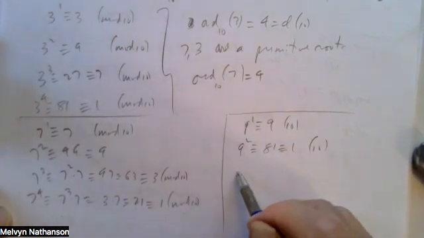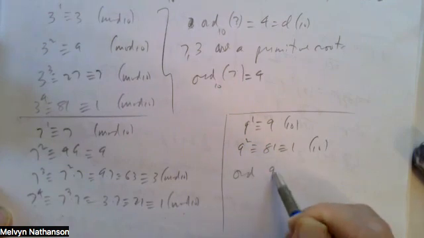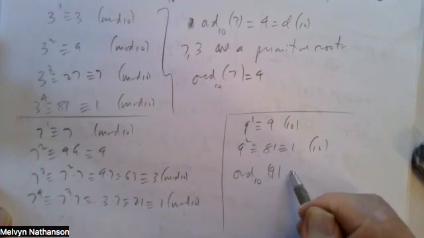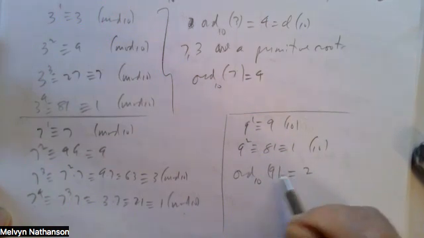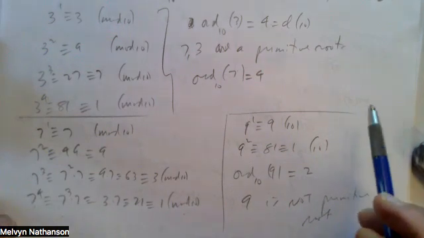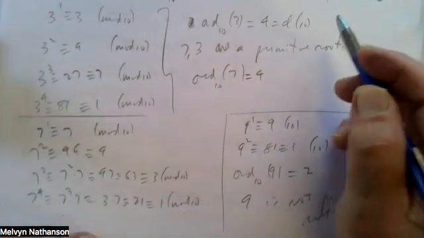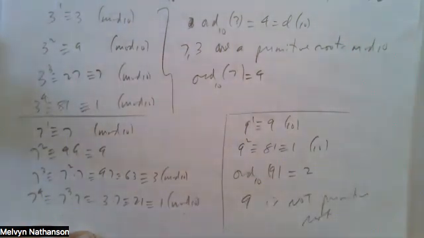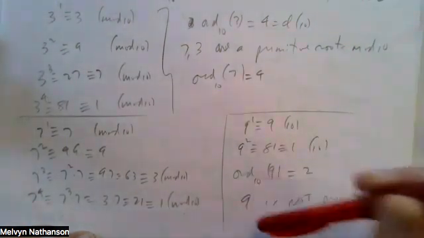So the order of 9 mod 10 is 2, so 9 is not a primitive root. So there are 2 distinct primitive roots mod 10, 3 and 7.